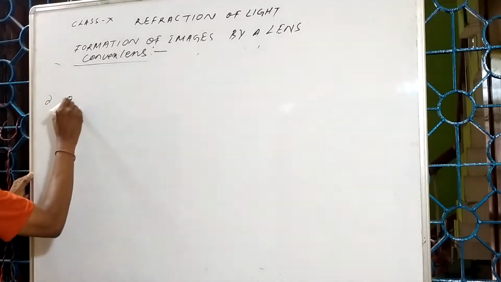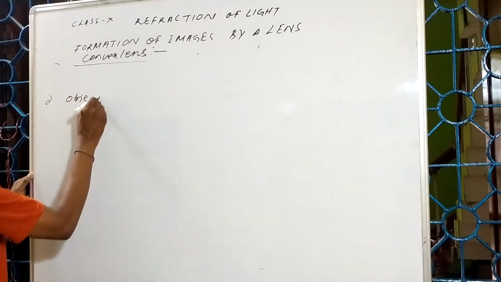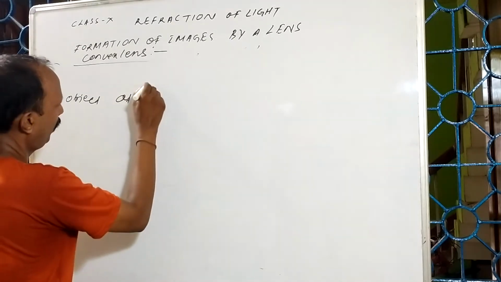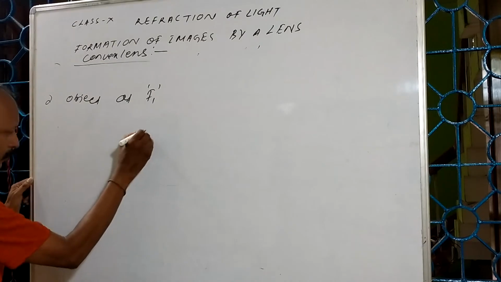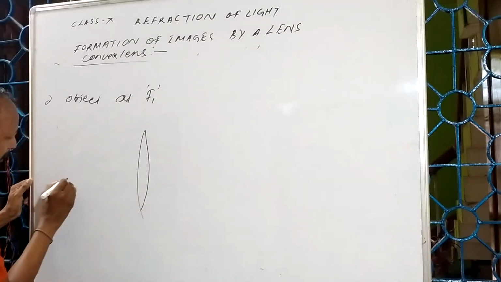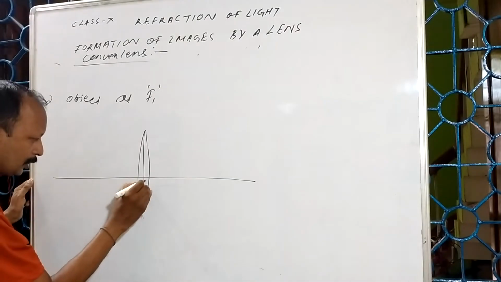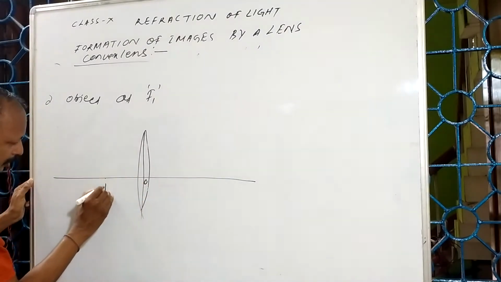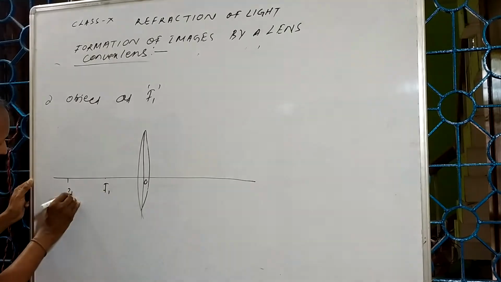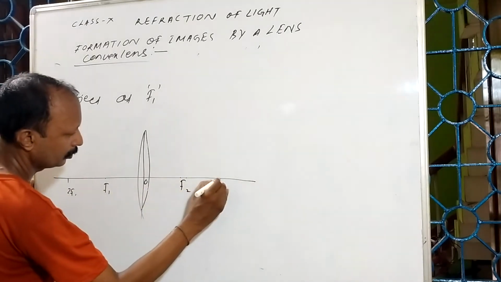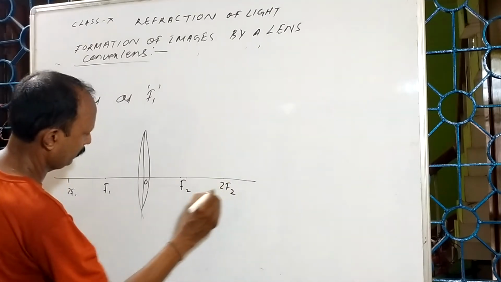Second case, object at F1. So this is the lens, principal axis, plane of the lens, optic center, F1 to F1, F2 to F2.